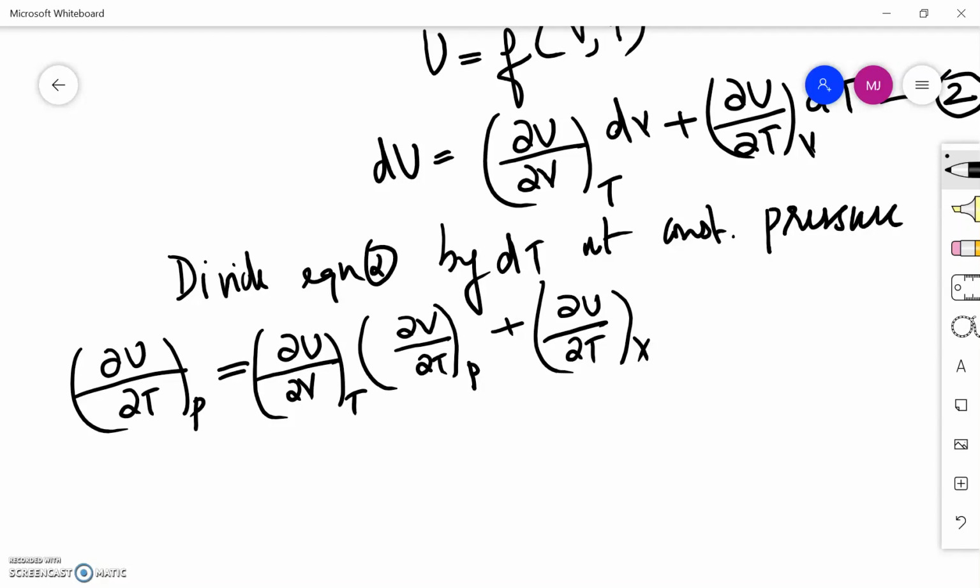This is the expression that we get. We number this equation as 3.